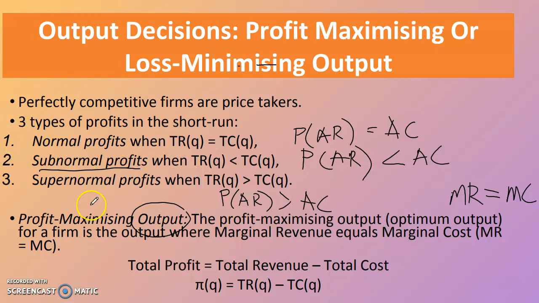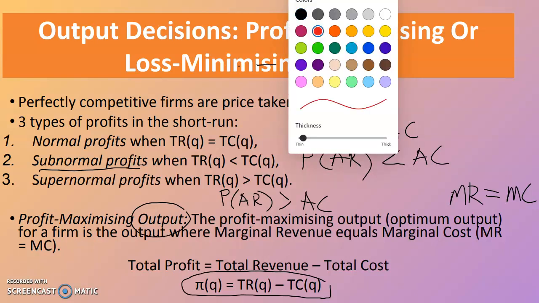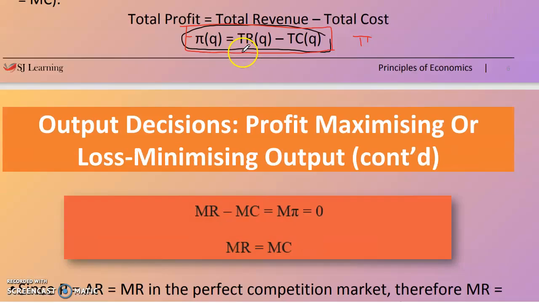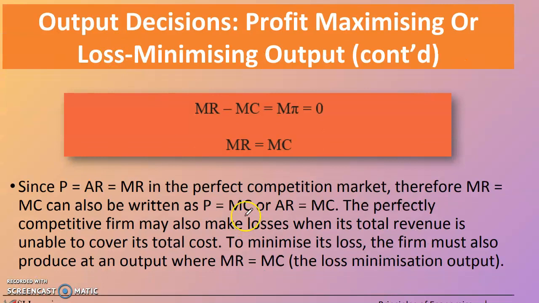So how do we get profit? We use this formula, total revenue minus total cost. This is the formula of profit. Remember, we use the marginal principle here, where MR equals MC.